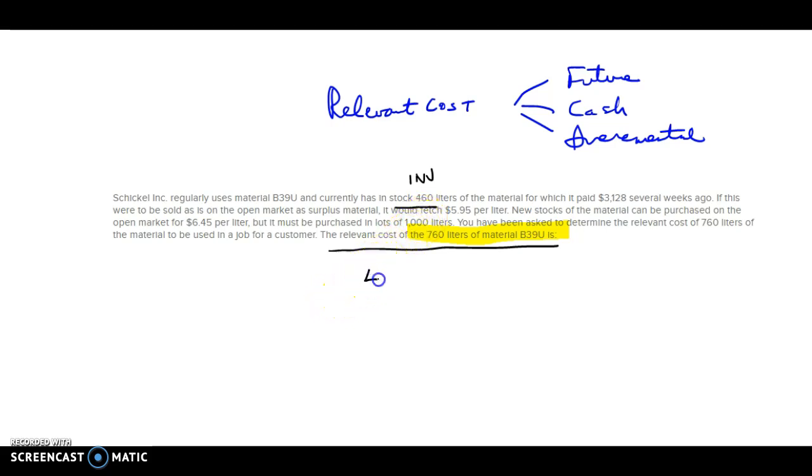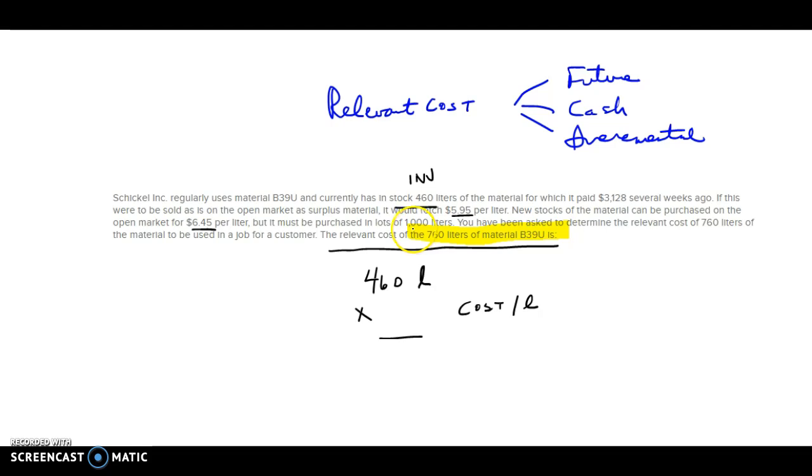Pause the recorder, think about it, and come back. So we have 460 liters times some cost equals our relevant cost. Pause it and come back. Okay, we're back at it here. So here's the question. Do we use the $5.95, which would be the surplus cost, or do we use the $6.45, which is the open market cost?